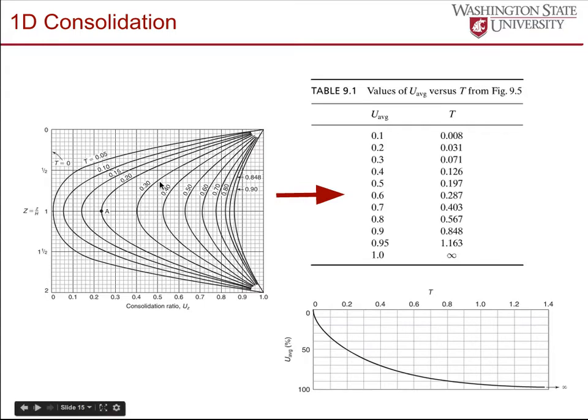Now we can break that down into time, and over time you can see that at time 0, nothing is consolidated, so we have a 0 consolidated ratio, and that at time 0 is basically all the way up along here.